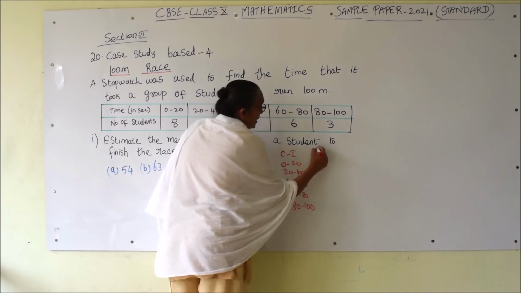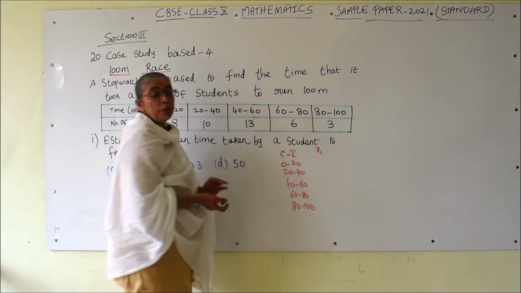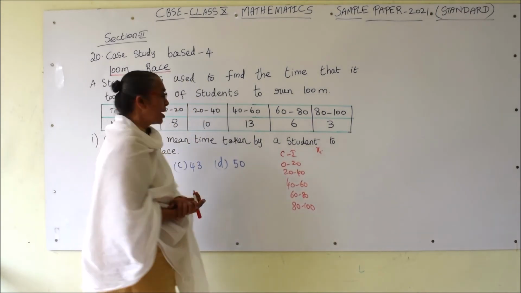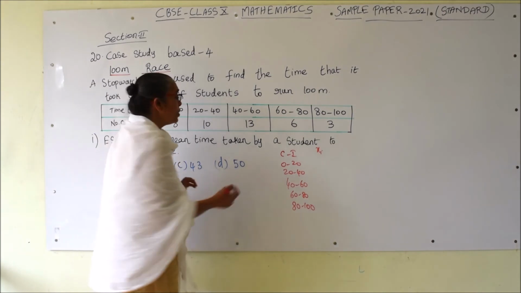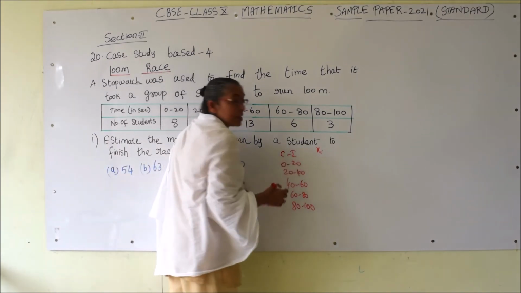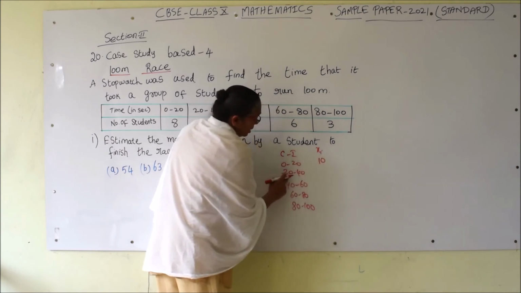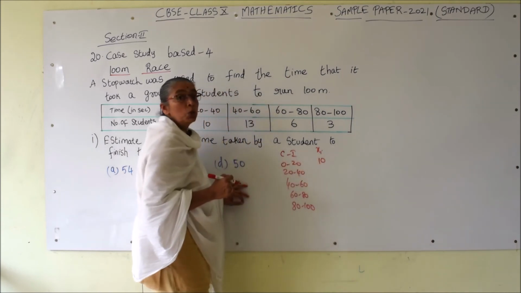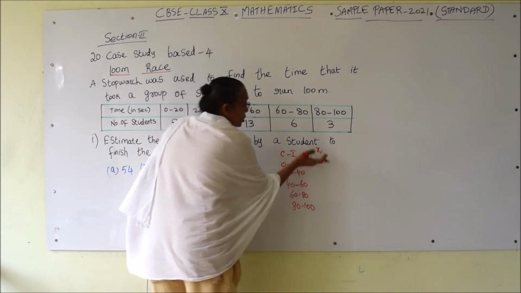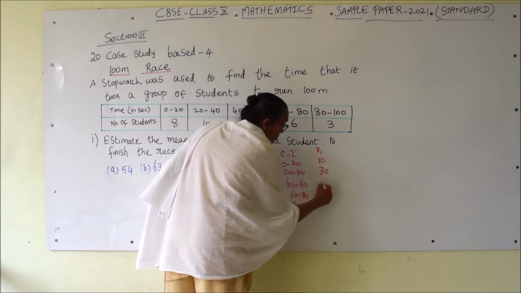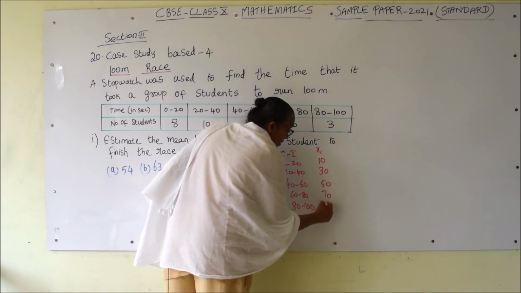So we have to find xi. The formula to find the mean using the direct method is sigma fi xi by sigma fi. So we need the mid value. The mid value is 0 plus 20 by 2, which is nothing but 10. For the next class interval, 20 plus 40, 60 by 2, is 30. The class width is 20, so we get 10, 30, 50, 70, 90.